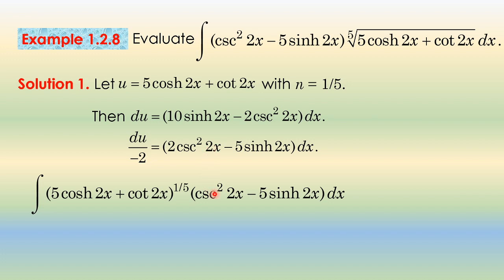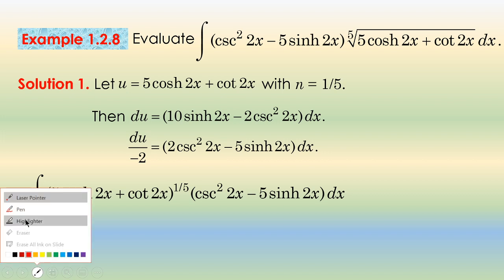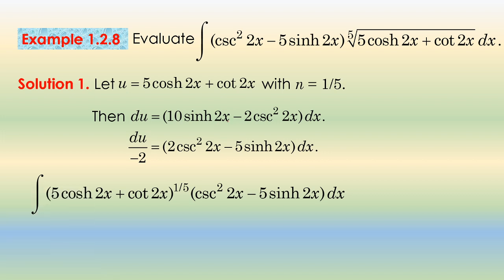So again, divide by negative 2, we have positive cosecant squared 2x. This term, when divided by negative 2, we have negative 5.